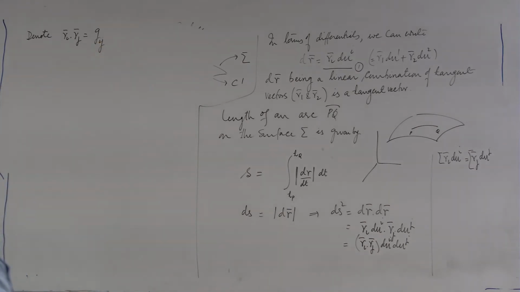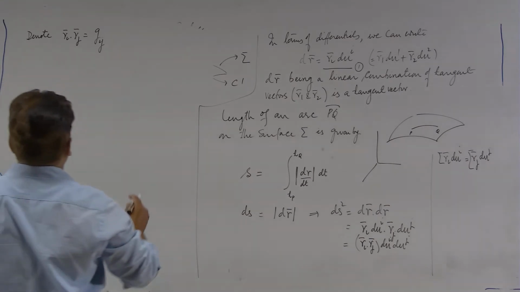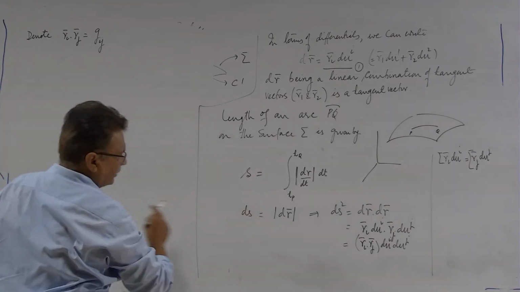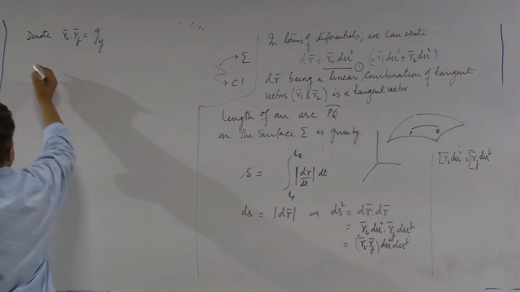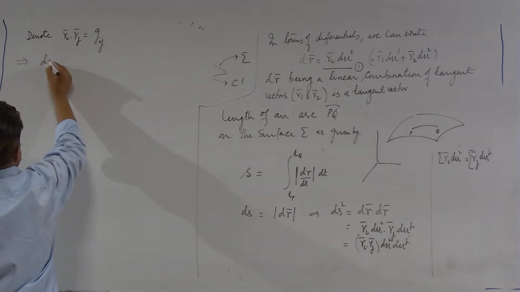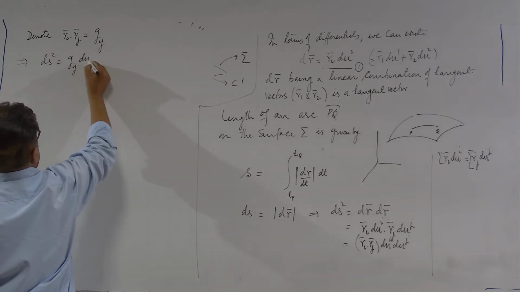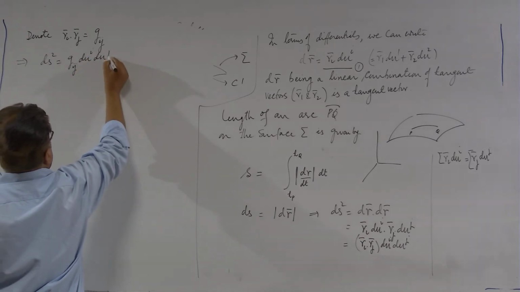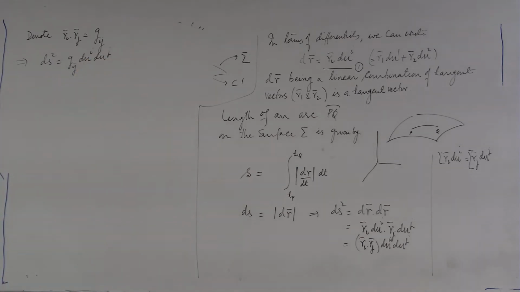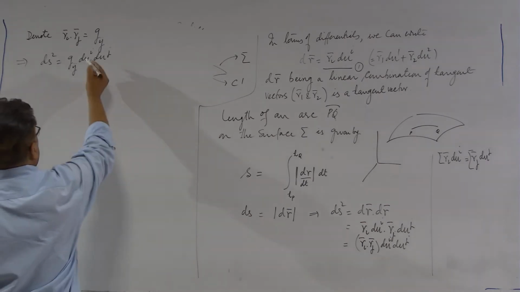So Gij means the dot product of basic tangent vectors. With this notation, we have ds square equal to Gij dui duj. Summation is there over i as well as over j.